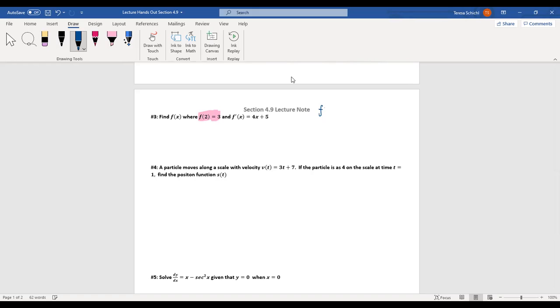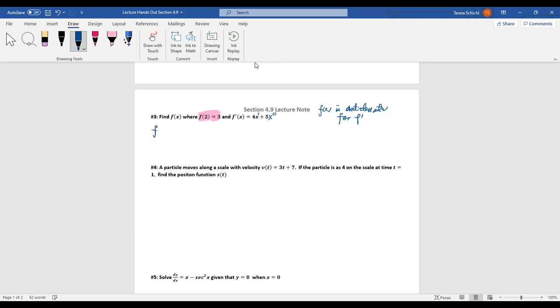So I know f of x is the antiderivative for f prime, correct? Okay, so now let's see how we find the antiderivative. This is x to the first power. So remember, what is 5 here? 5 is x to the 0 power, right?